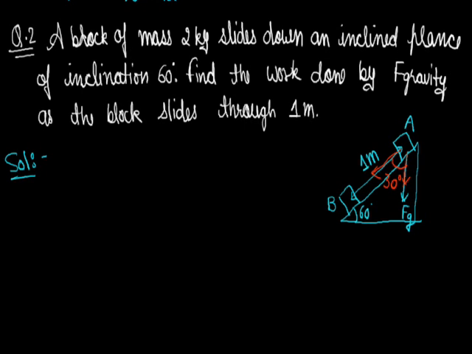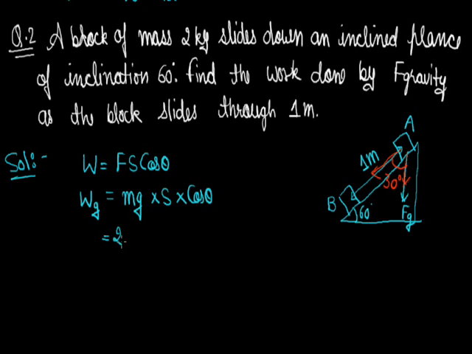So as we know, work done will be F s cos theta. We are finding the work done by the force of gravity, so F will be equal to the weight of this block. Since the mass of the block is 2 kg, F equals m g, so work done is m g s cos theta.